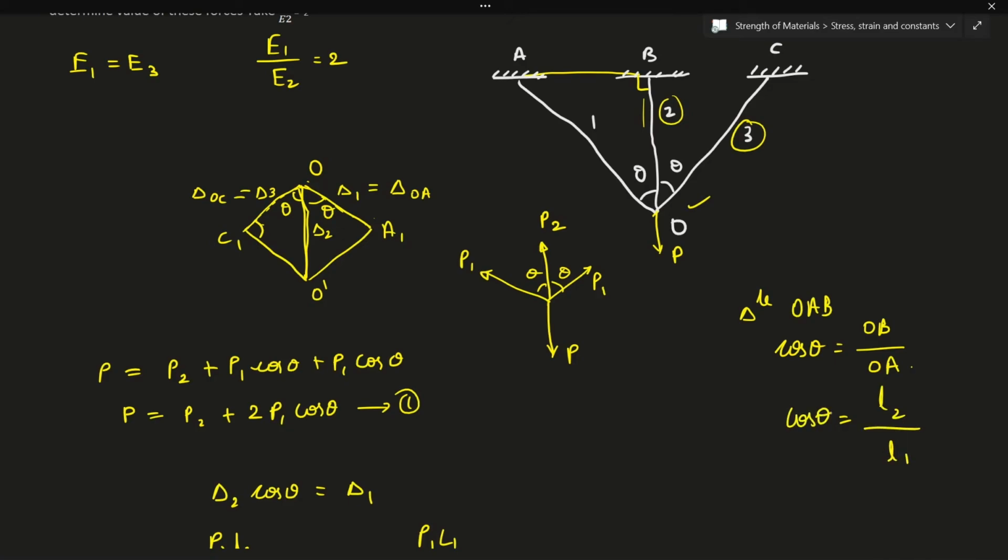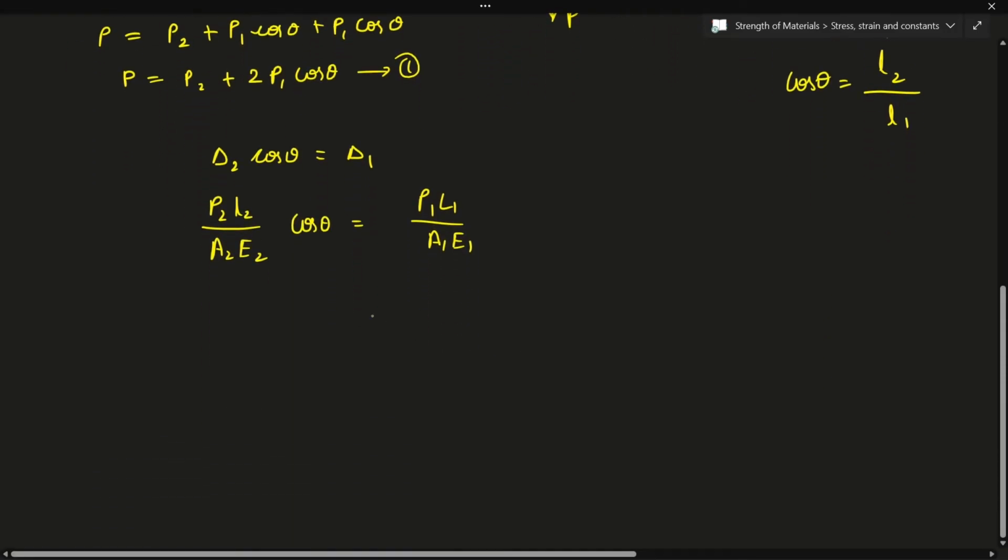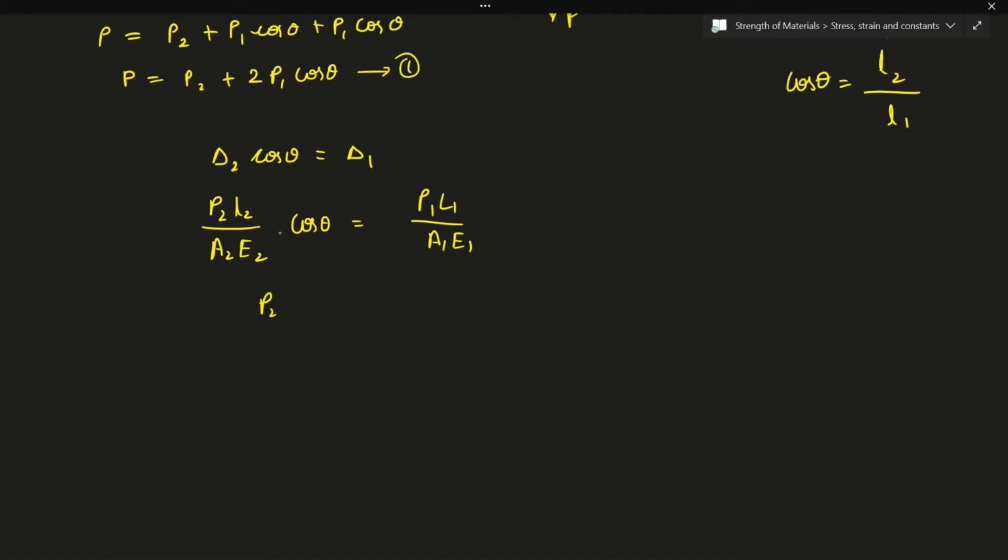So this will be cos theta, right? So here I have L2, I'll also have L1. If I send this to the left hand side, I'll have L2 by L1. Instead of that, I can write P2 into cos theta into cos theta, I'll have cos square theta divided by A2 into E2, which is equal to P1 divided by A1 E1.